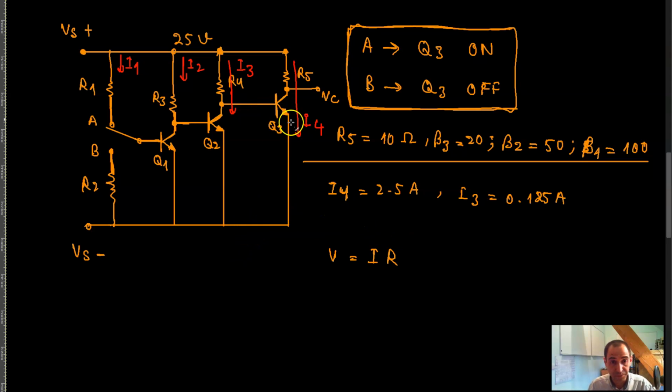So the supply voltage comes from here through the resistor, through the PN junction to the ground, which means that I can assume that the whole supply voltage is across this resistor.